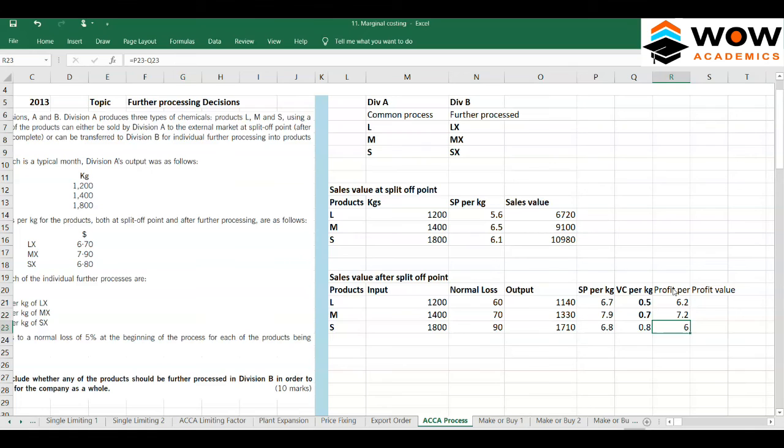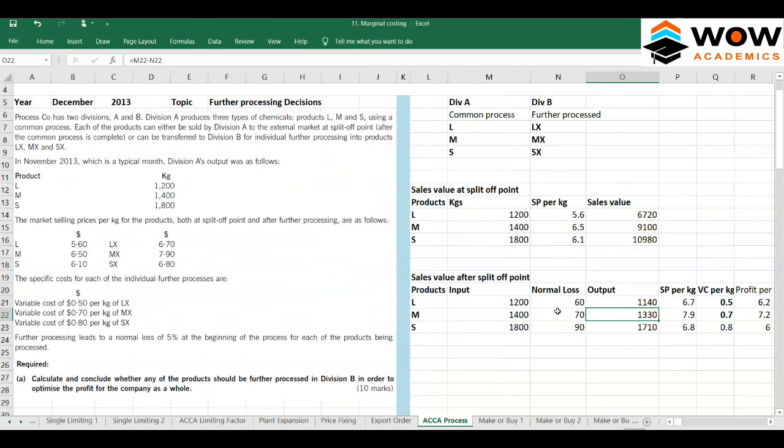So we got the items. Should this variable cost be for the input unit or for the output unit? The question has given it for output units only, so 0.5 per kg of LX. So we have to find out for this only.